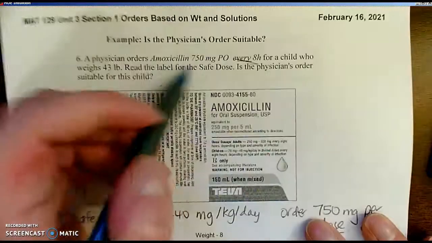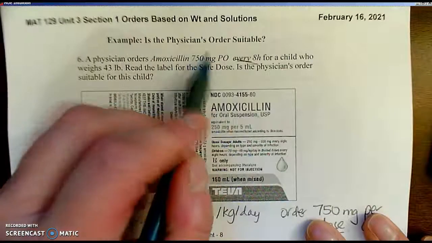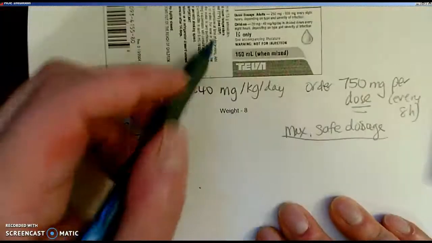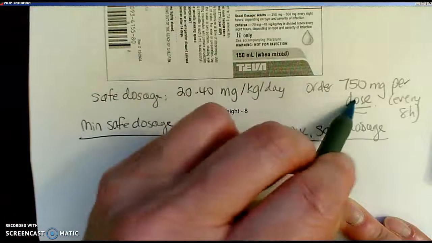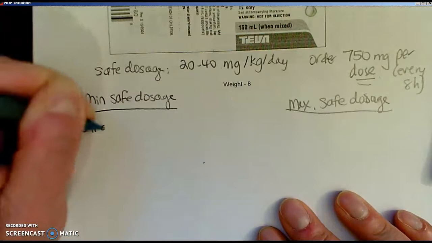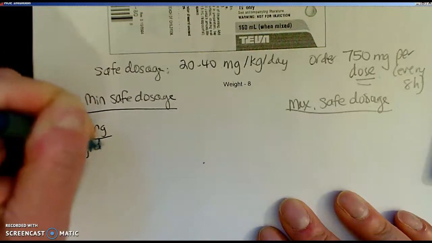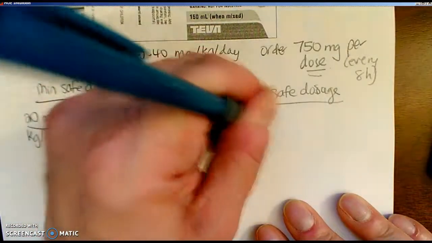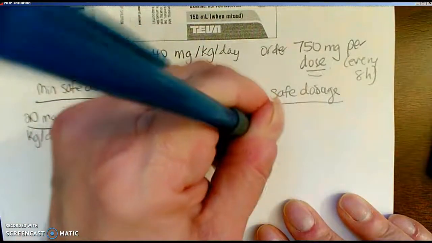That's for a single dose every 8 hours, but the safe dosage is in milligrams per kilogram per day. So we're just going to keep going. We're going to start with 20 milligrams per kilogram per day. That's the minimum safe dose, and the maximum is 40 milligrams per kilogram per day.